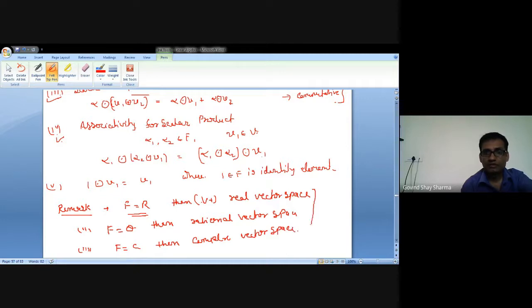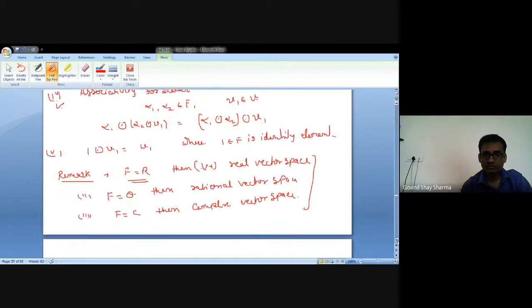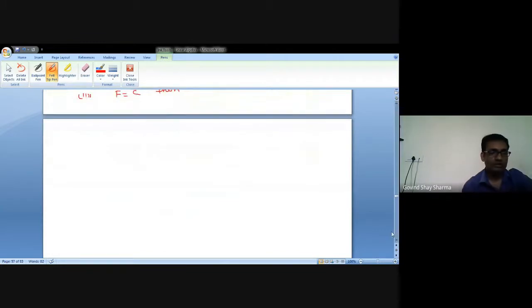So these are the vector spaces according to the field we can describe. Now, the set of real numbers R is a field. It is also a vector space over itself. These are some remarks.